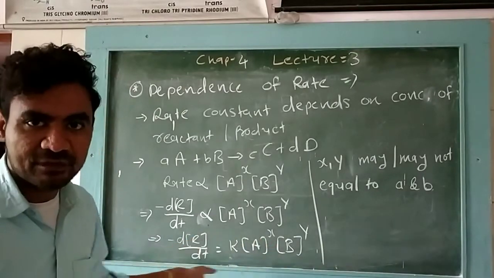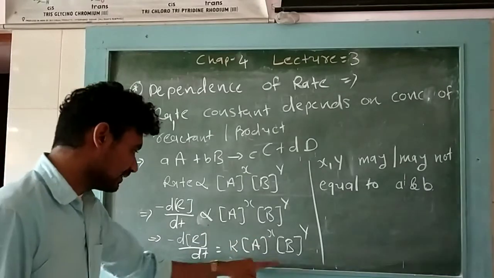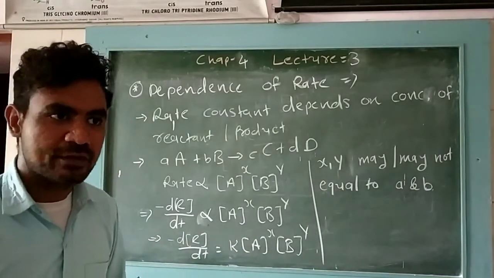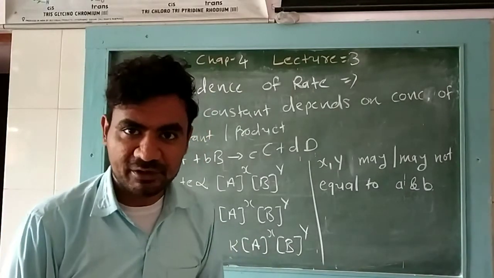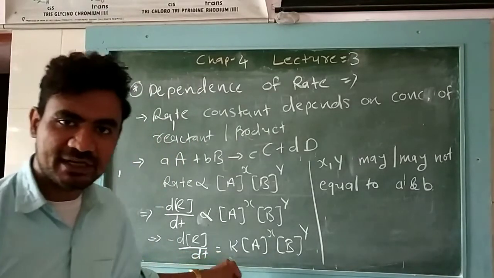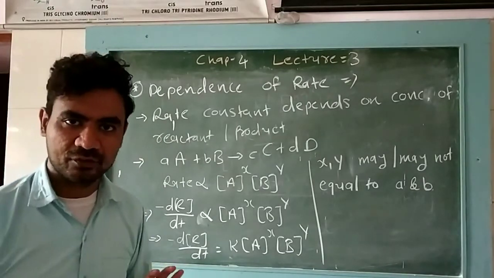This formula is known as rate law. So, what is rate law? The formula which shows relation between rate of reaction and concentration of reactant is known as rate law. Okay.